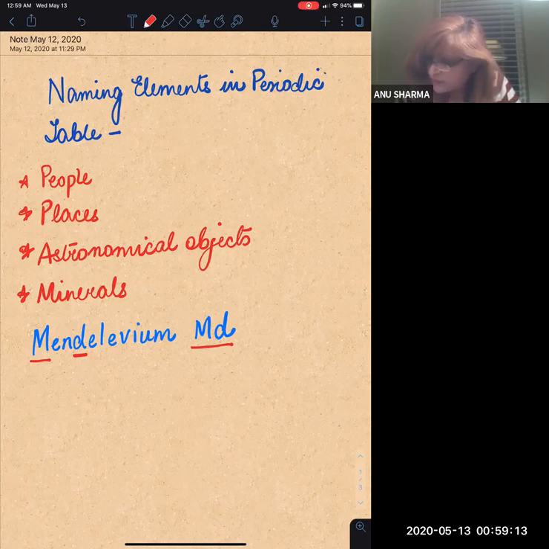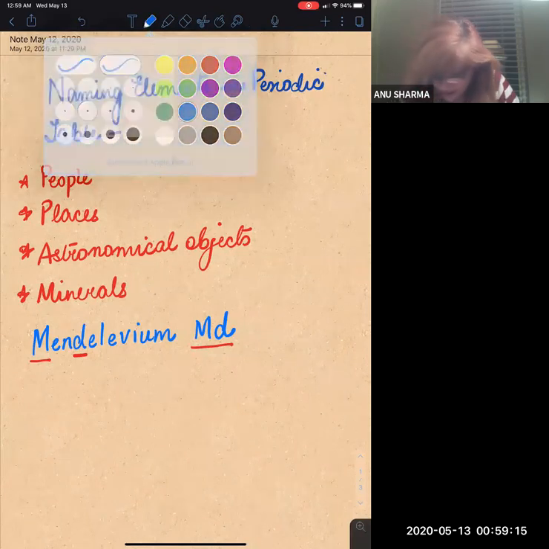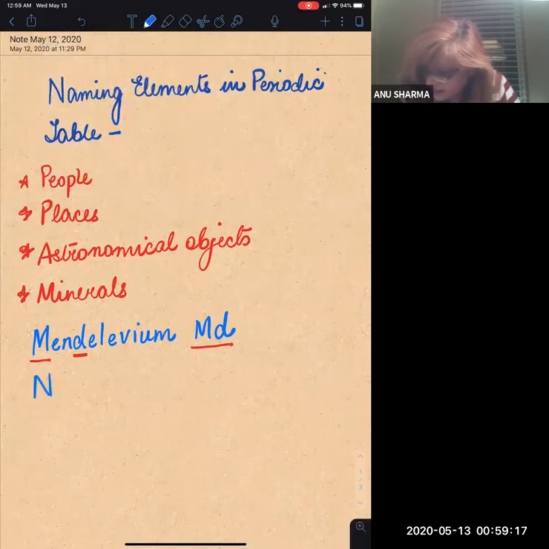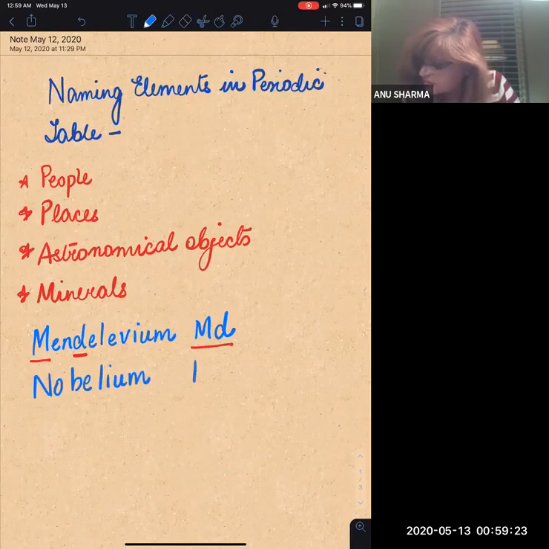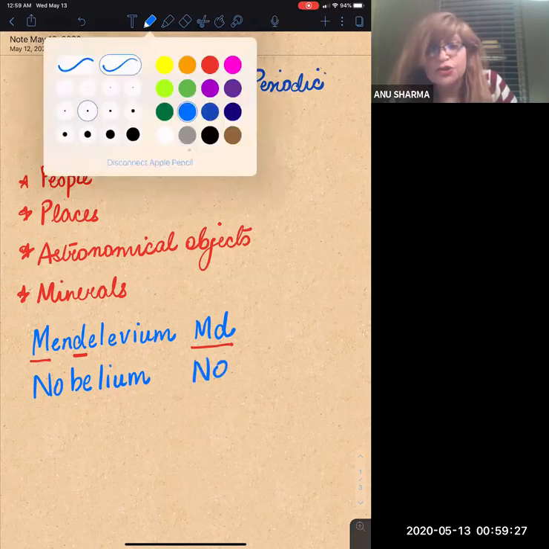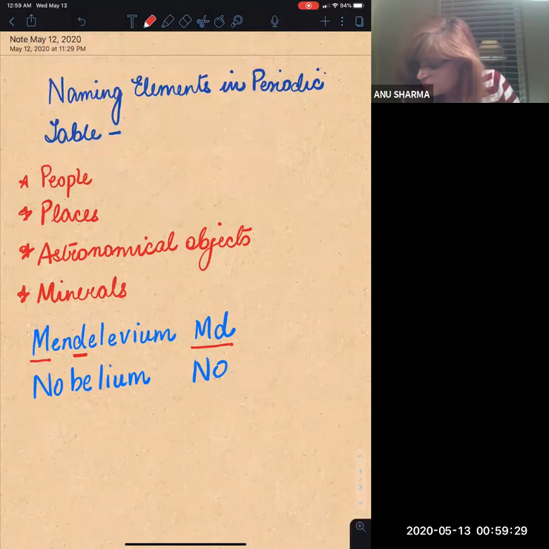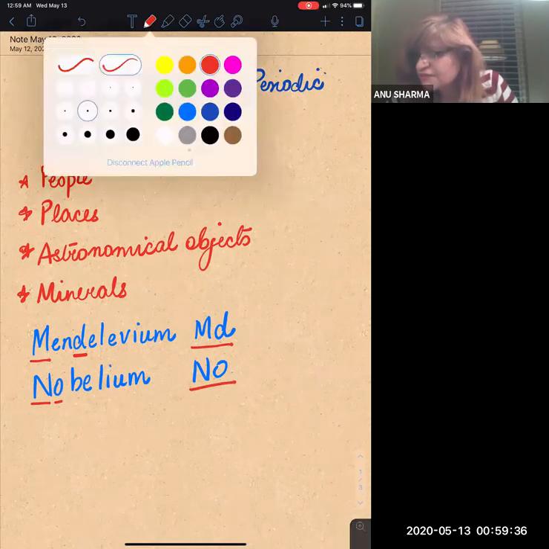And again, look at this name, Nobelium. Here the symbol is NO, the first two letters, N and O. So again, you just have to take the names and get a feel for it.